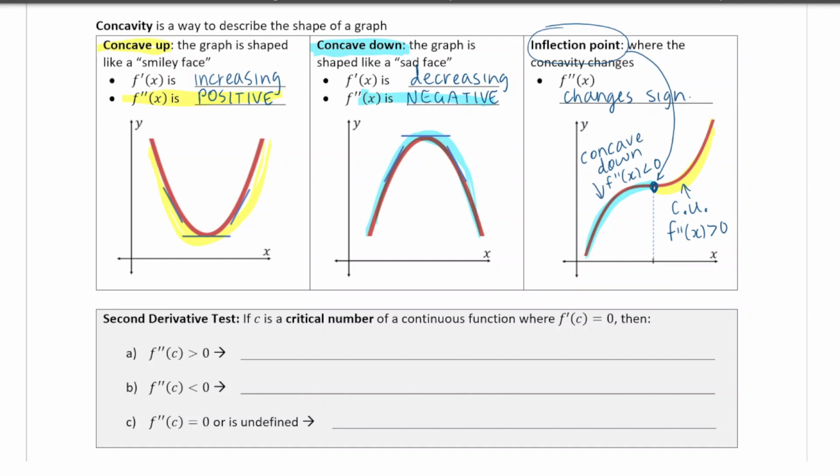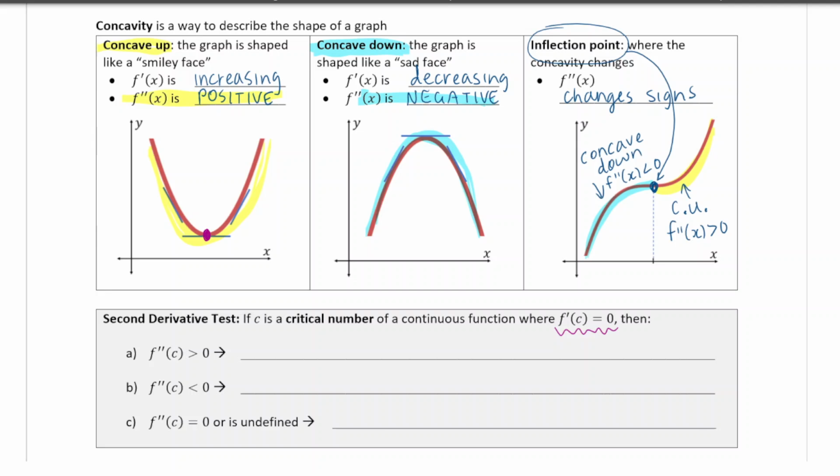Okay. All right. So we can actually use the second derivative to confirm the first derivative test, or you can use it to figure out whether a critical number is a maximum or minimum or not. Okay, so if a critical number happens to be a place where the derivative is equal to 0, then have a look at this concave up picture that I have here.